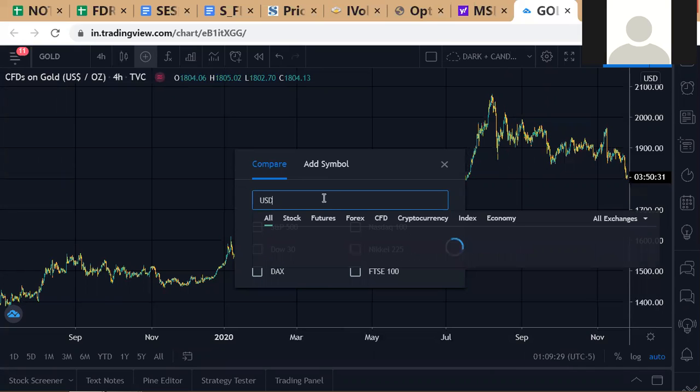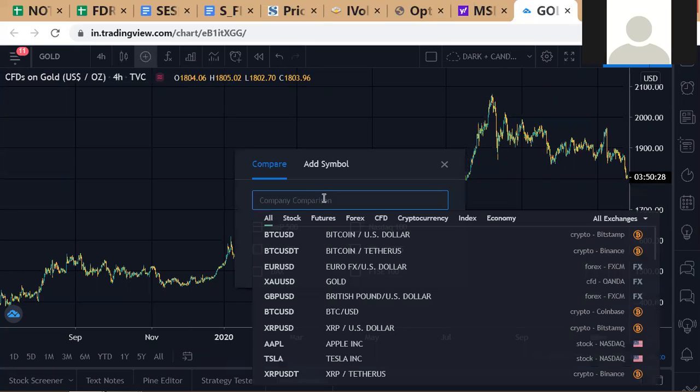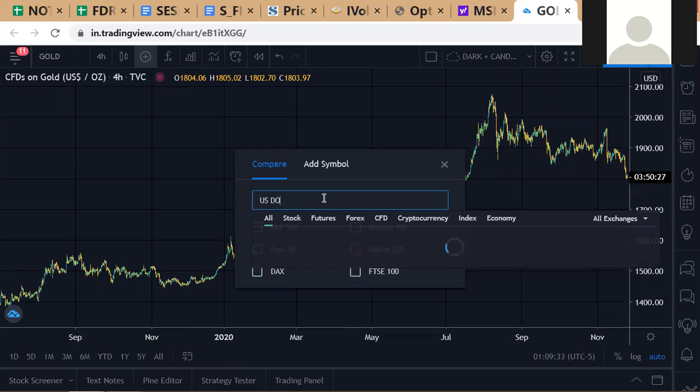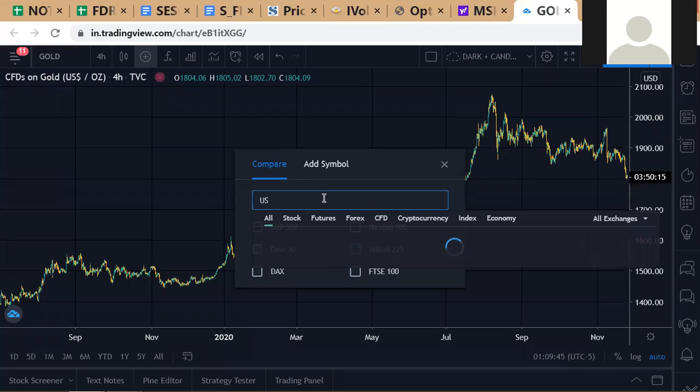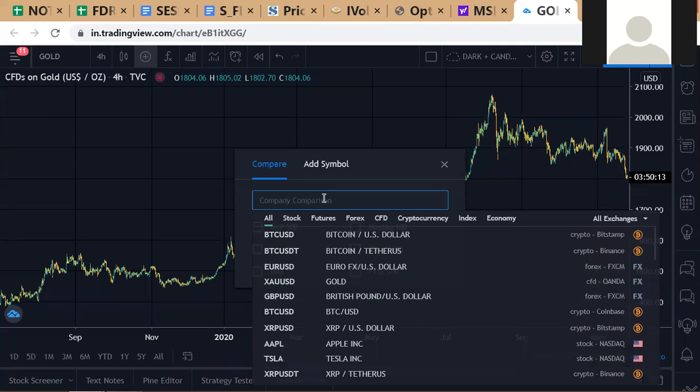I forget the ticker for the US dollar index. Anyway, never mind. We can just look at one major US dollar.